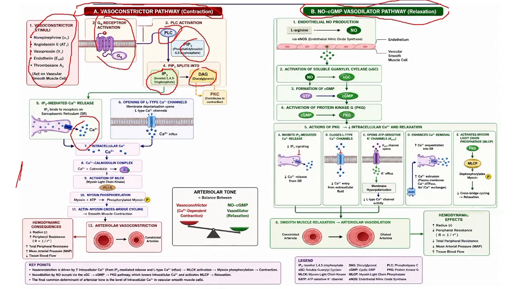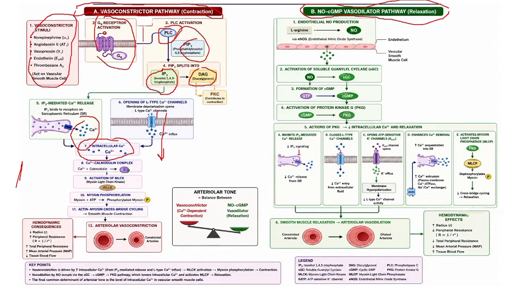They only open when there's depolarization. So membrane depolarization will open the L-type calcium channels, and this will lead to an influx of calcium into the cell. The influx of calcium via the L-type calcium channels and the release of calcium from the sarcoplasmic reticulum will lead to an elevation of calcium.